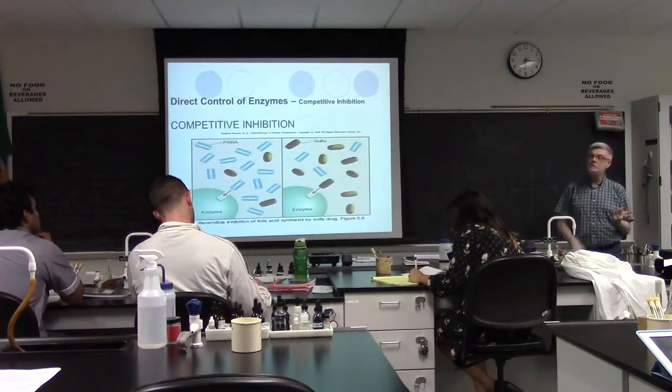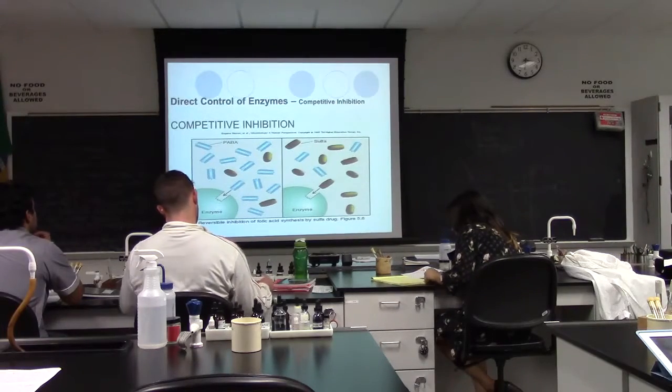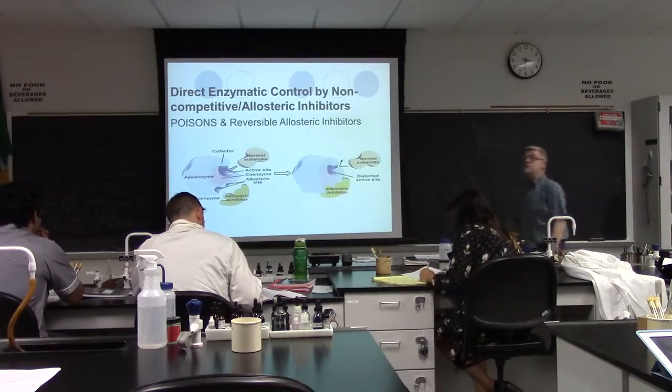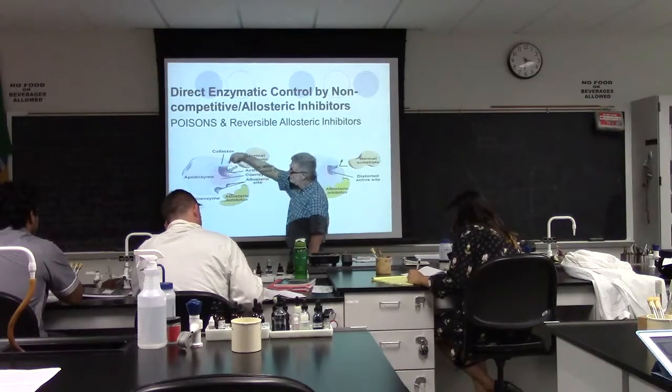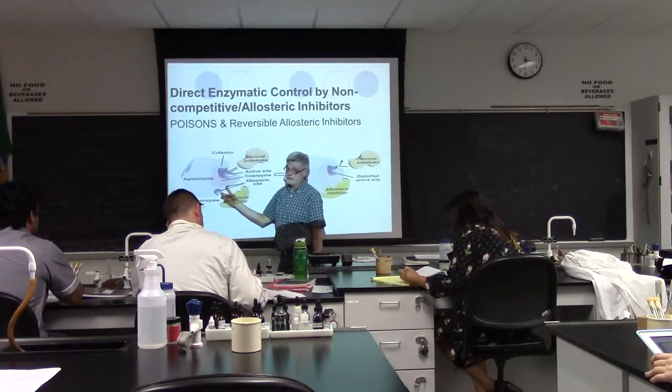And again, we're going to move to another name that I hate, and that's non-competitive. I would much prefer that non-competitive inhibition would be called allosteric inhibition. So they tell you that instead of competing for the active site, it's a compound that sticks to the allosteric site.